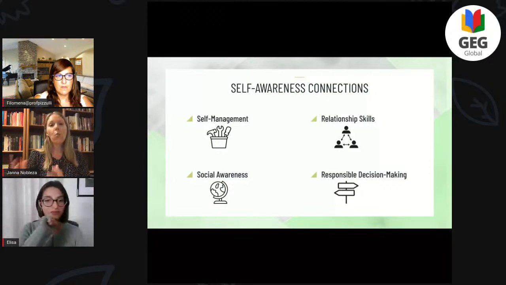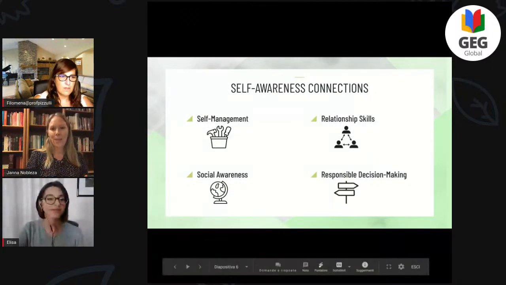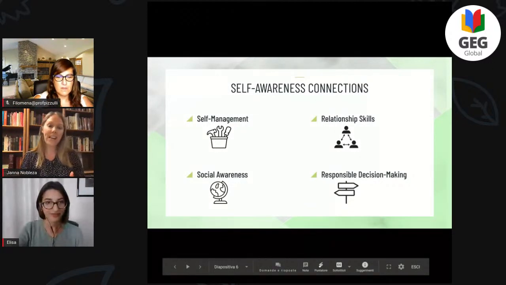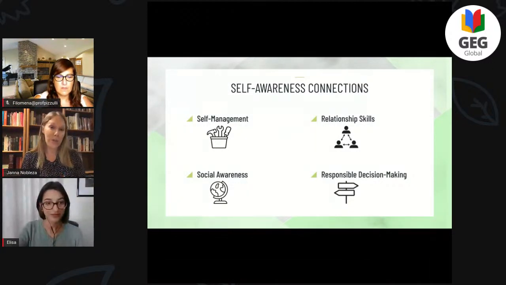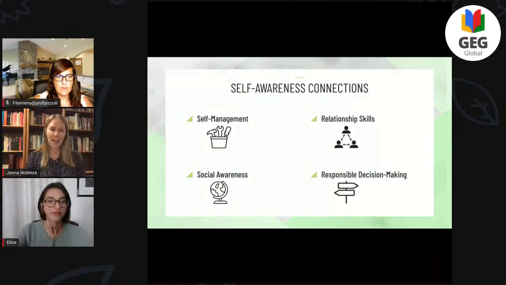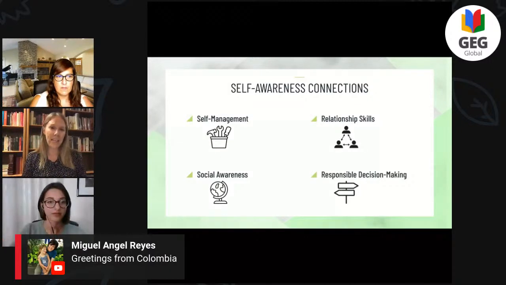Self-management is the way that we go about regulating those emotions and thoughts that we have, so that the behaviors end up being productive and effective for ourselves and for other people as well. So self-management is kind of that next step in self-awareness.